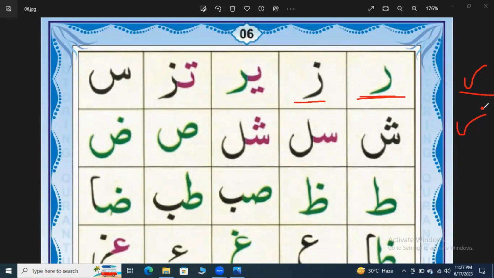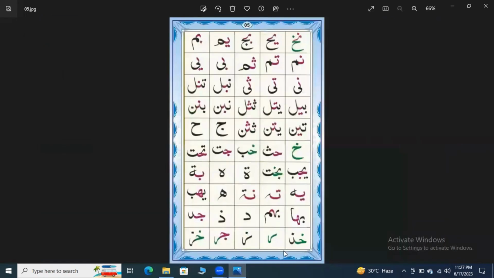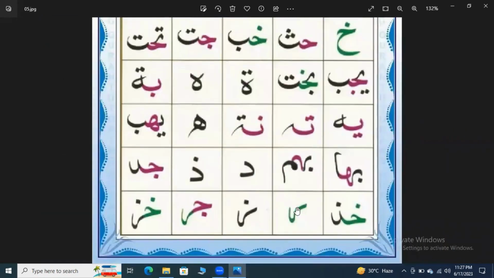When we add one dot on the top of Ra, it becomes Za. So one is this shape of Za, and one is this shape of Za. We have studied these shapes of Ra and Za in the previous lesson. Let me show you here. As you can see, Ra is written here and Za is also written here. So this is another shape of Ra and Za.